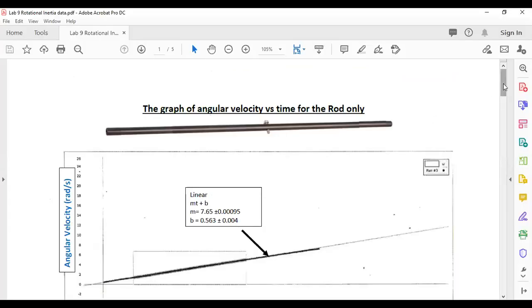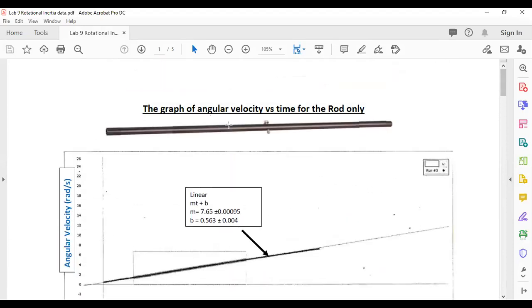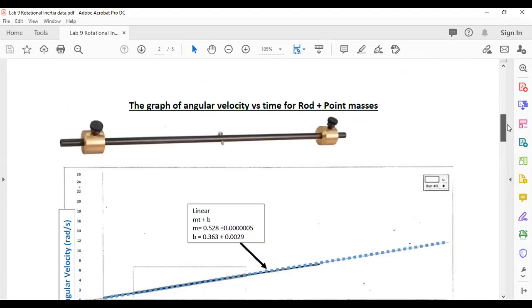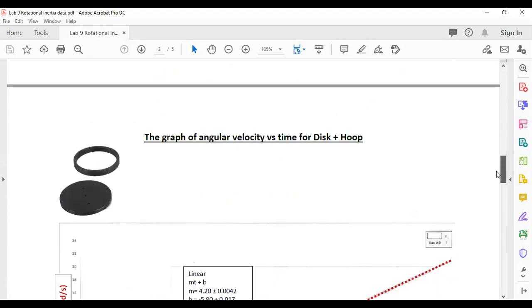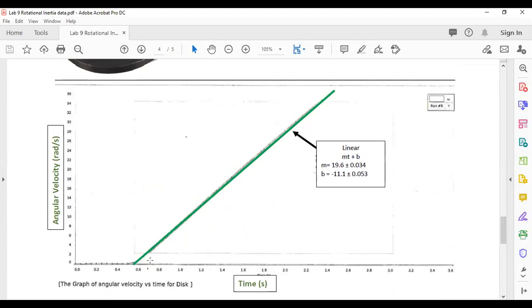So here, as I mentioned, the first graph shows the angular velocity versus time for the rod only. Likewise, this one is the graph for the rod plus the point masses. Now, this is where I want to go. On this graph, you see the fitted line, but the real data is really not a straight line. It's a little bit curved, right? It's due to that oscillation.